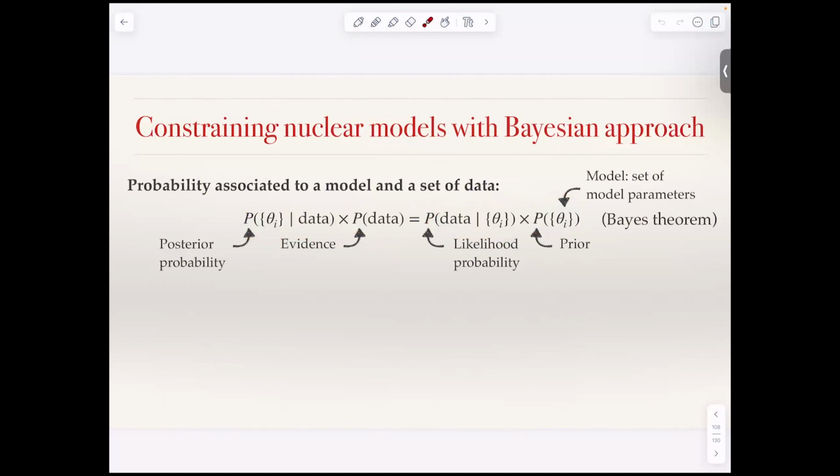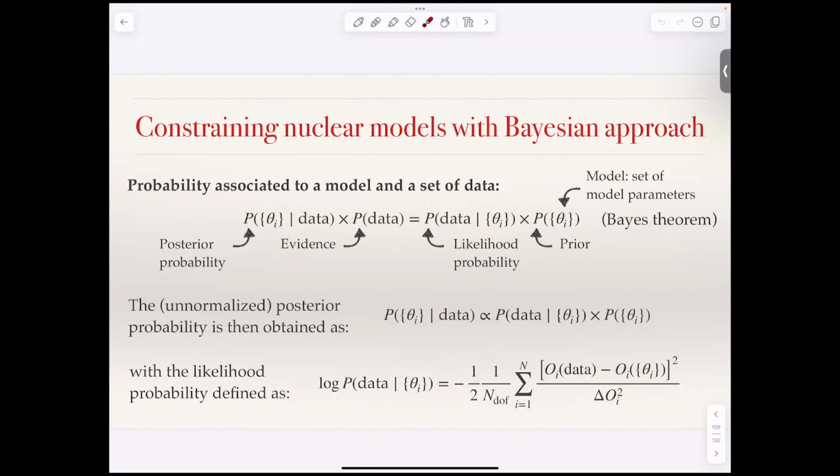From this equality, you can determine the posterior probability, the probability that you can give to your model. The models are represented by a set of parameters which control your model, given some data.